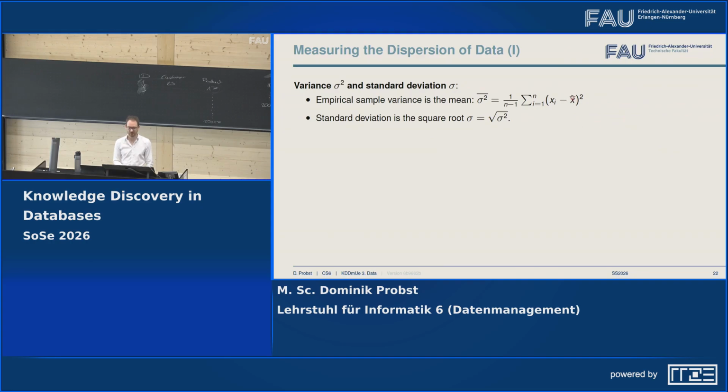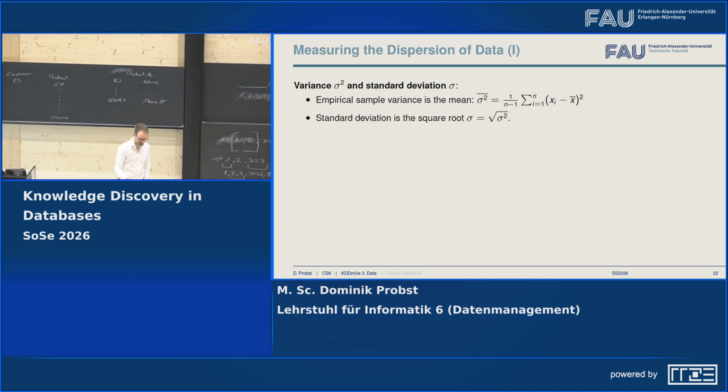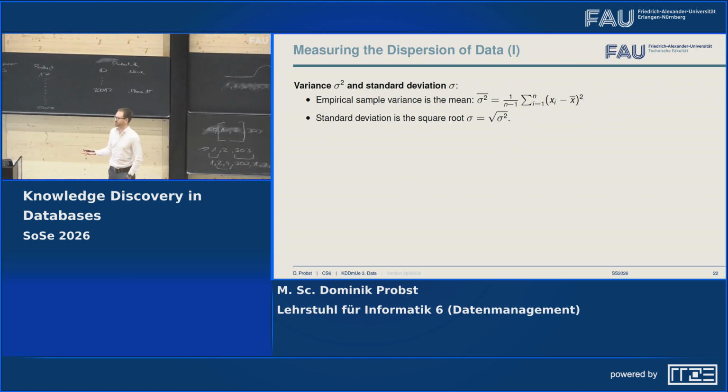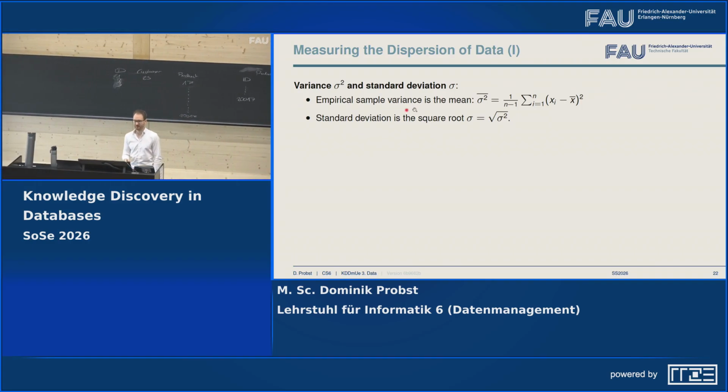X with a bar here is the mean in here, and x_i is the concrete value we are taking a look at. N is the number of samples, as we always had before. So we have the squared deviation from the mean. And basically, that's why we can take the variance and take the square root of the variance to get to the standard deviation.